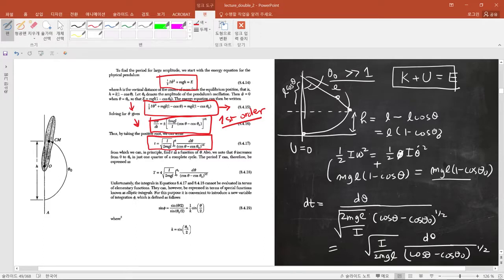The period, that is one complete swing, should be equal to 1, 2, 3, 4. If you integrate from 0 to theta 0, that is only a quarter, so you must have a factor of 4 here.